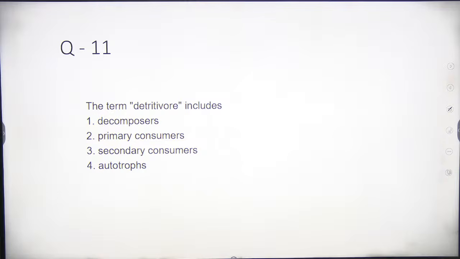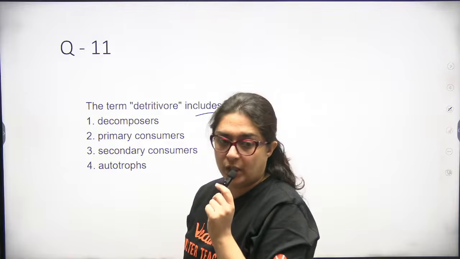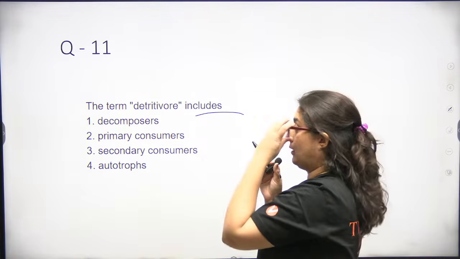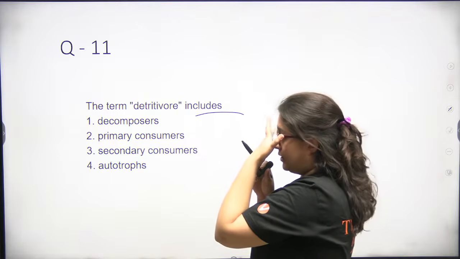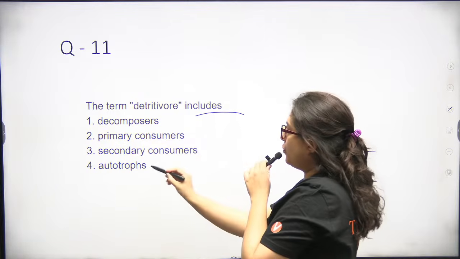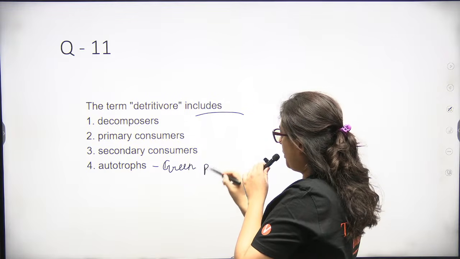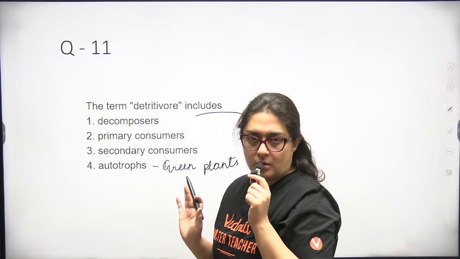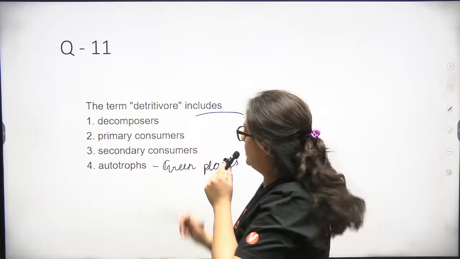Question number 11. The term detritivore includes decomposers, primary consumers, secondary autotroph. Autotroph means green plants, who are able to produce their own food by trapping sunlight by the process of photosynthesis.